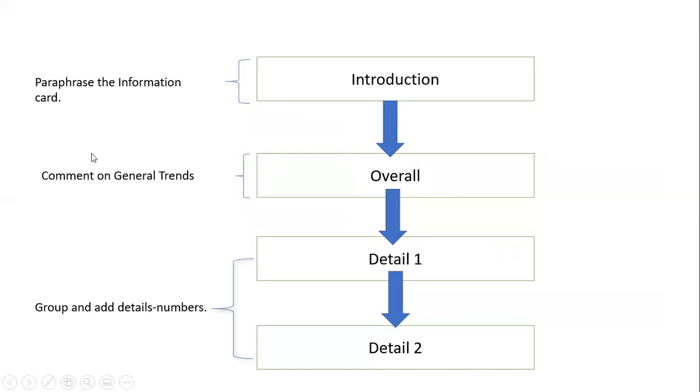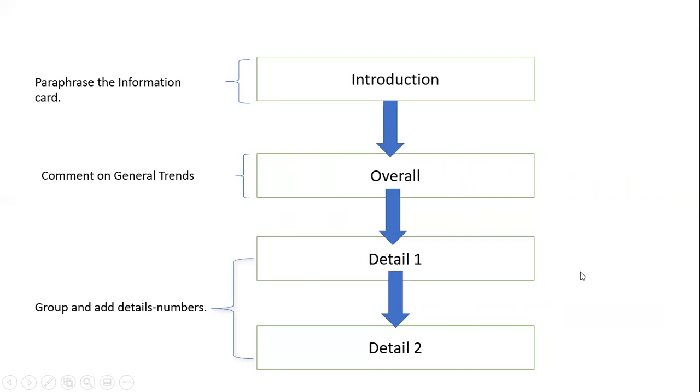Comment on the general trends of the chart, which we'll have a look at in a moment. And then you have the details, 2 to 3 paragraphs, basically grouping things together, the general trends, what fits together, what's the same, what's different, and obviously include the numbers. Okay, so that's the general structure.